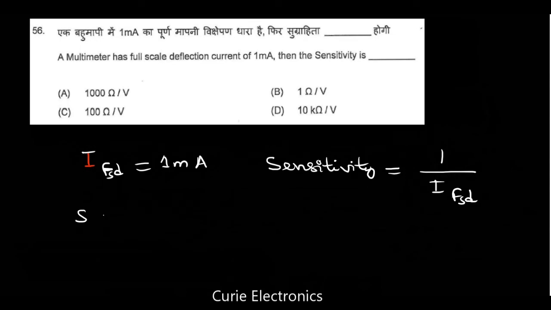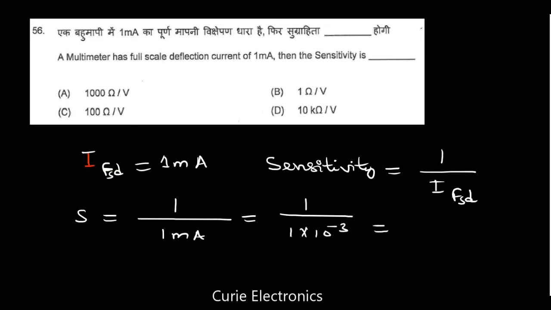So S equal to 1 upon, what is the full scale deflection current here? That is 1 milliamps. 1 upon 1 multiplied by 10 to the power minus 3. So when we take this 10 to the power minus 3 up, we will get 1000. So what is the unit of the sensitivity? Ohm per volt. So option A is the right answer. That is 1000 ohm per volt.